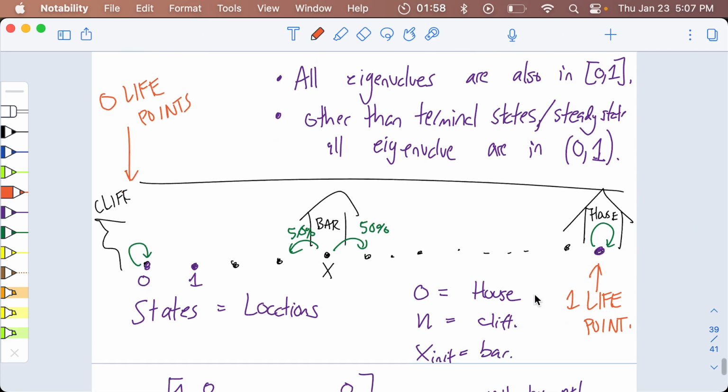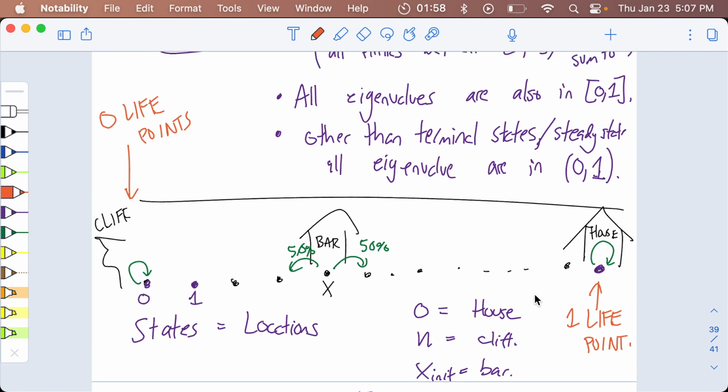So by assigning these life points, I can calculate the probability you end up somewhere by just calculating the expected number of life points starting from x. That will be equal to the probability that you ended at the house.